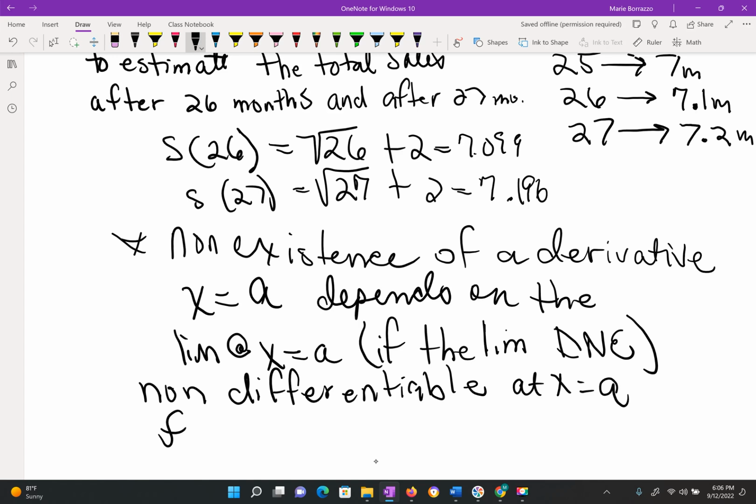So therefore that first derivative at a does not exist.